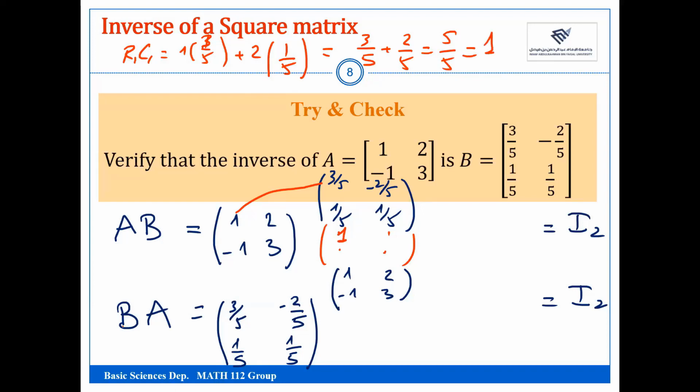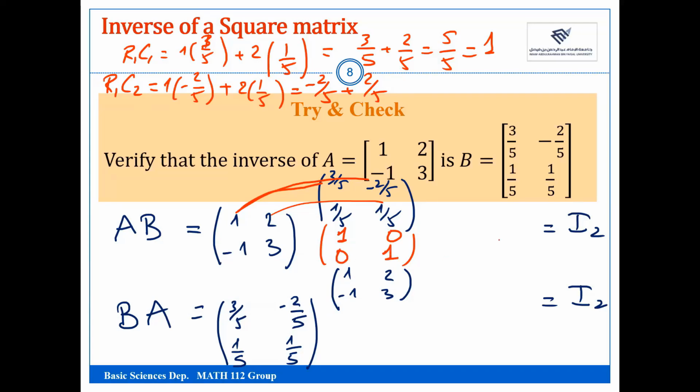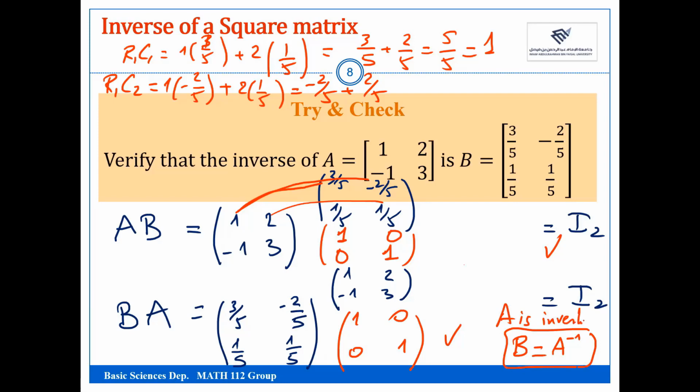Then row 1 column 2: 1 times -2 over 5 plus 2 times 1 over 5 gives -2 over 5 plus 2 over 5, which is 0. You can complete the rest: this is 0 and this is 1. So yes, if you calculate it, it gives 1 0 0 1. So B is the inverse of A, and A is invertible or non-singular.